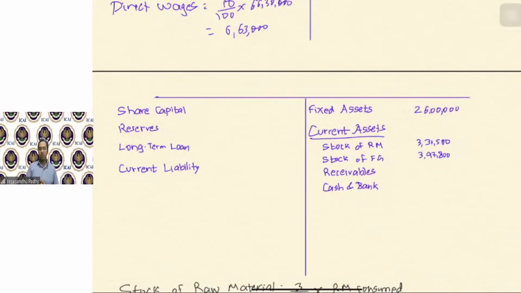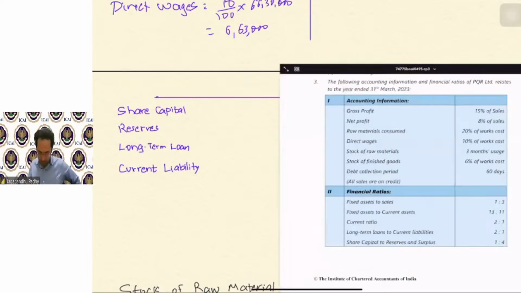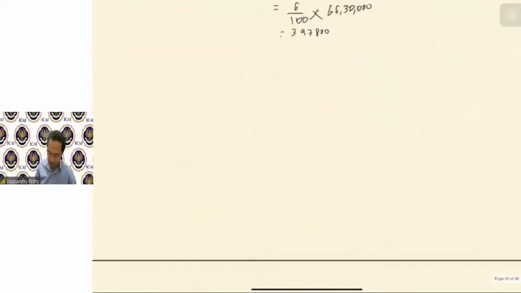Then receivables. Coming to the receivables part, let's look at what's there in the question. Debtors collection period is 60 days. So all sales are on credit.